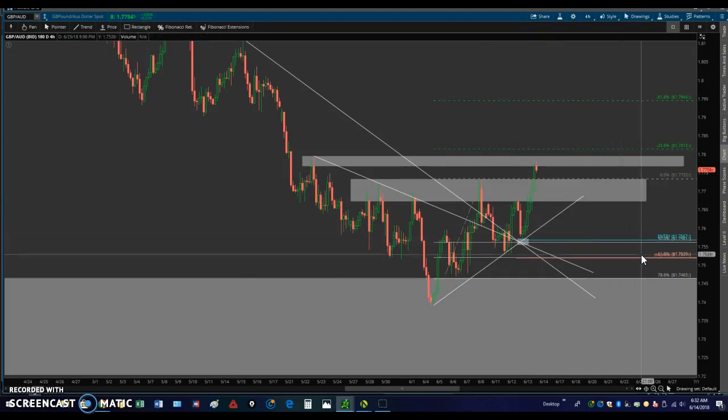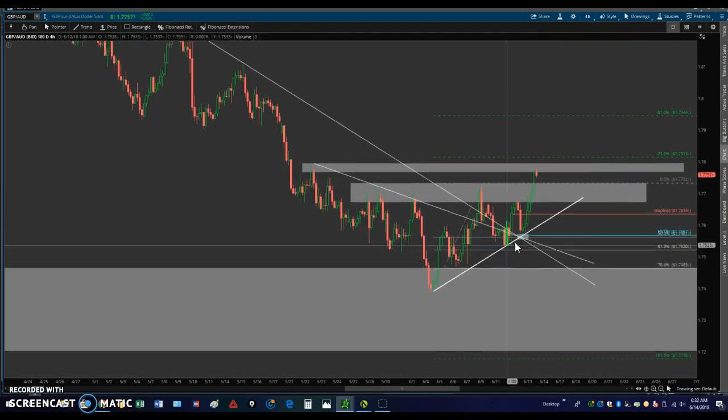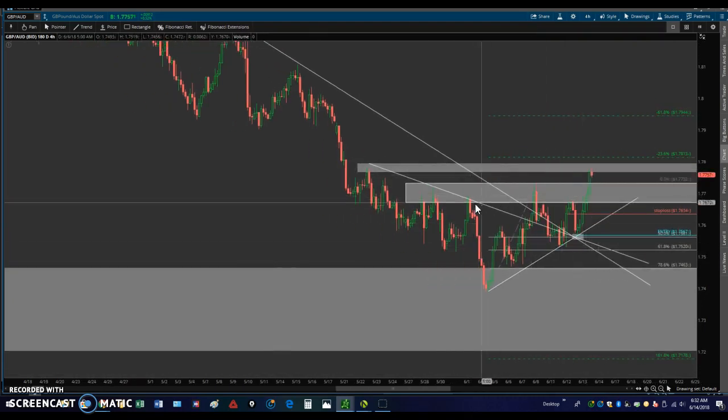So my stop currently, after first targets were hit, is about 76.30. If this isn't going to hold, I wouldn't necessarily want to stay in it for that much longer. I've already gotten essentially the move that I was anticipating off of it, so I'm not going to just give it all back.